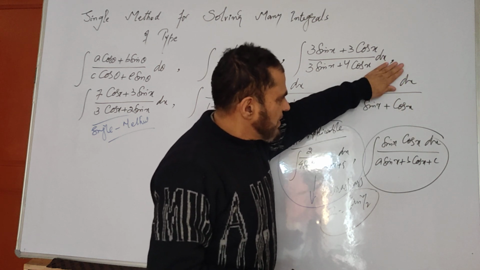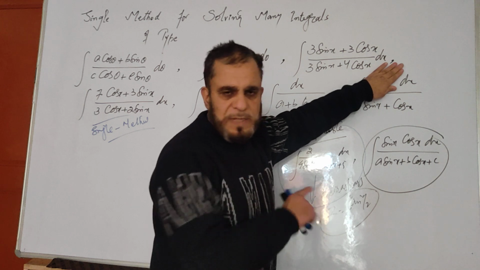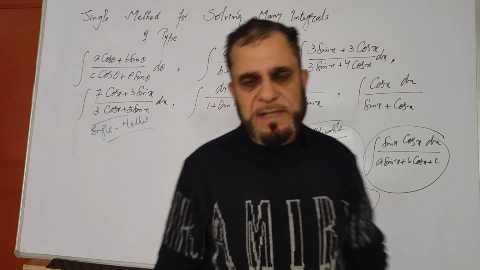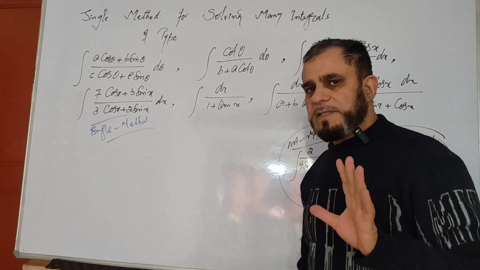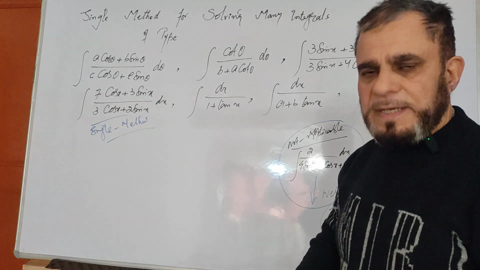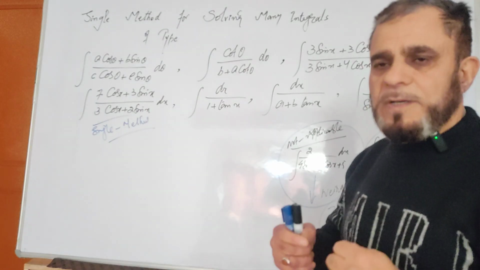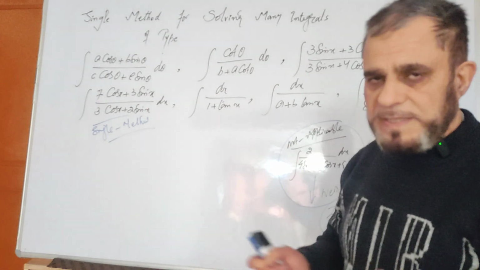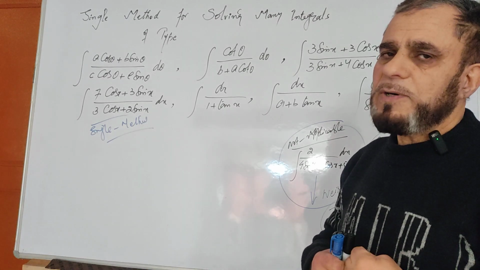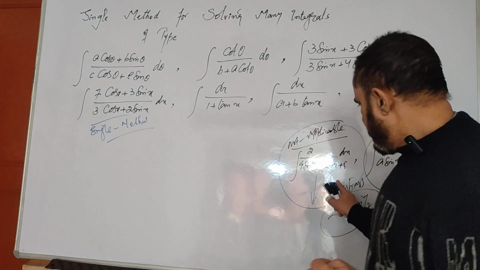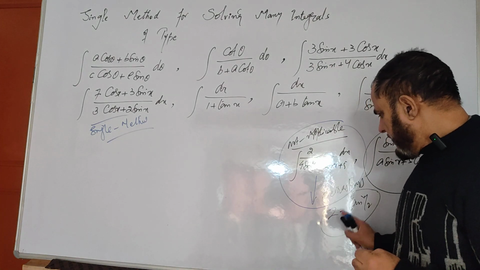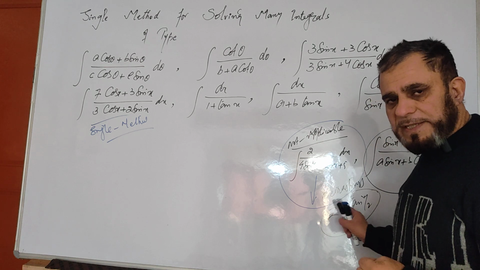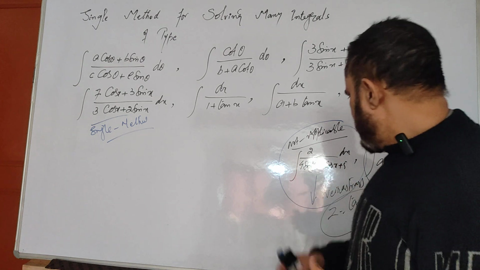If you don't have cos in the numerator, only a constant, don't apply the method I am discussing. Remember, the numerator and denominator must involve sine and cos, but sine and cos should not be in a product, and the numerator should not involve only a constant. In that case you should not apply it. You will use the Weierstrass substitution, z equal to tan x by 2, or some other method.